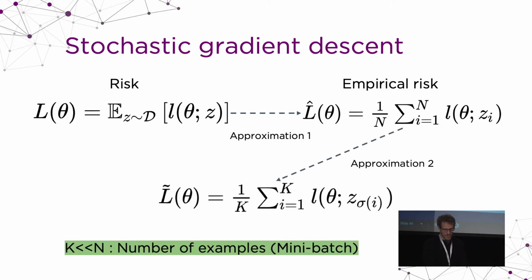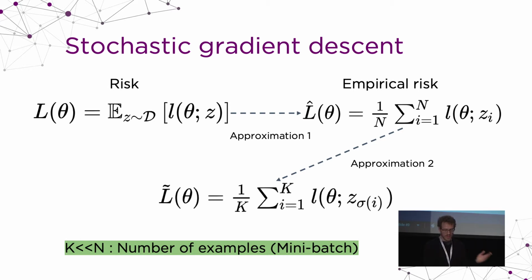In fact, I can just sample from my training set, create a mini batch. So let's say instead of using 1 billion examples to compute the empirical risk, I will just use 10 examples. So capital K here will be much smaller than capital N. And now I have an estimate of the gradient of the empirical risk because I'm using just a few examples to compute my gradient.